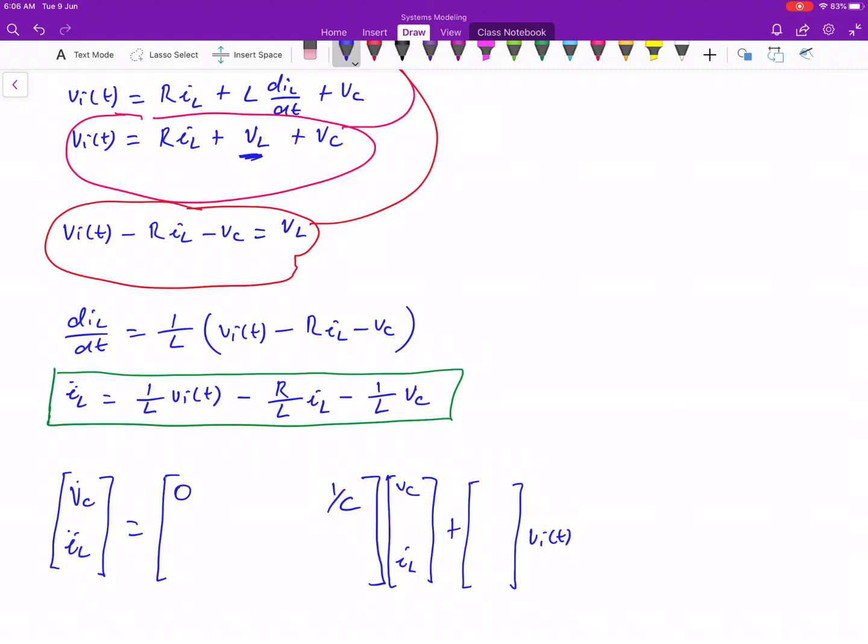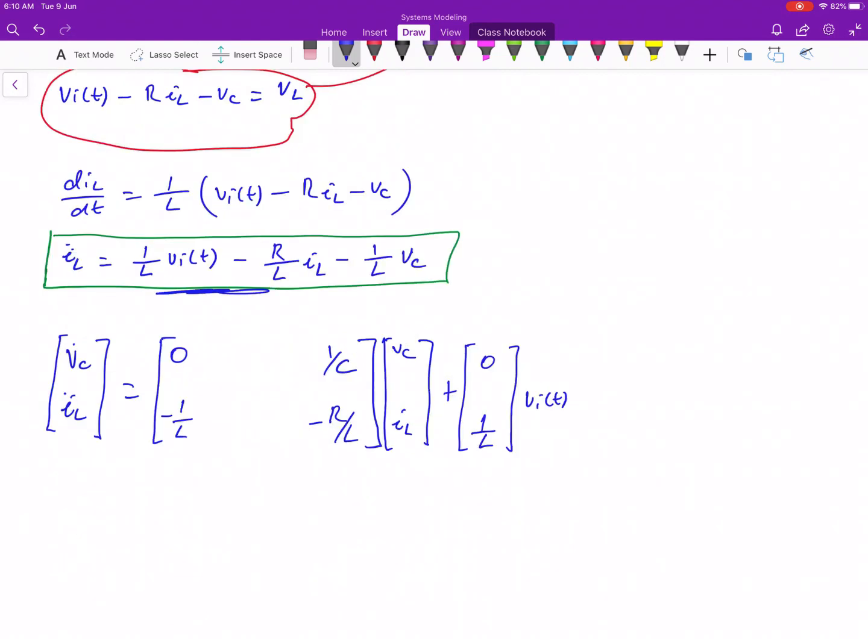And the next one, we are looking at this equation, IL dot. For Vc we had minus 1 over L, and for IL we had minus R over L. And for our input voltage we had just a 0 here and 1 over L. Okay, so the output voltage is Vc.